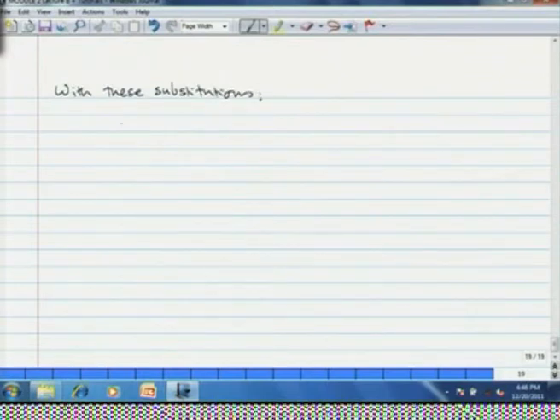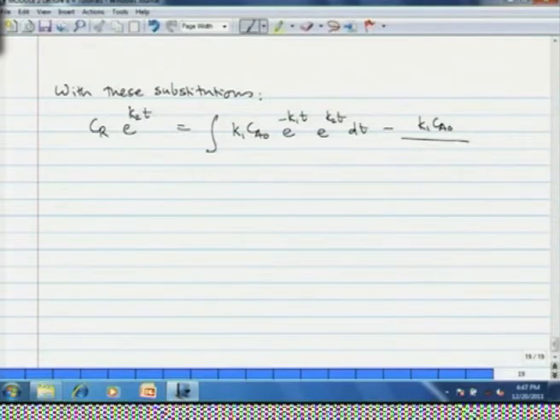we get the expression Cr into e to the power k2t is equal to integral k1 into Ca naught into e to the power minus k1t into e to the power k2t into dt, plus the integration constant which is minus k1 Ca naught divided by k2 minus k1. Now, you can easily simplify this.